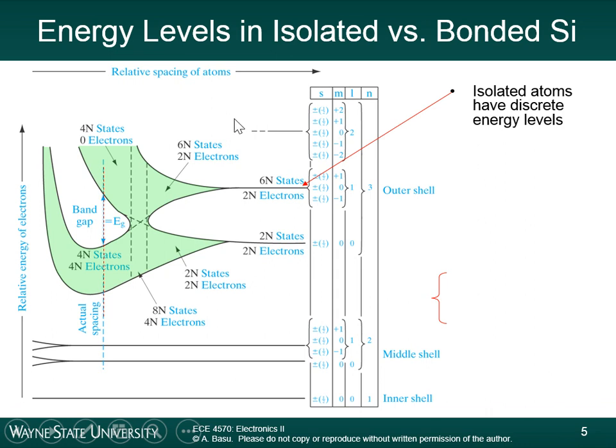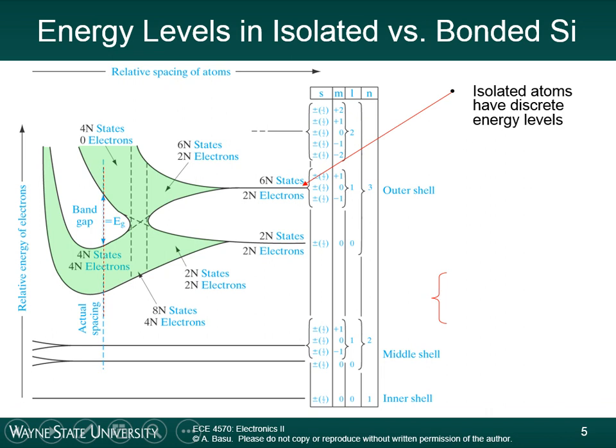So when the relative spacing between the atoms is very large, the atoms don't affect one another. So this is the case all the way on the right-hand side of the graph. This is the case of discrete atoms. We have atoms that don't have any other atoms near them. The atomic spacing is very, very large.